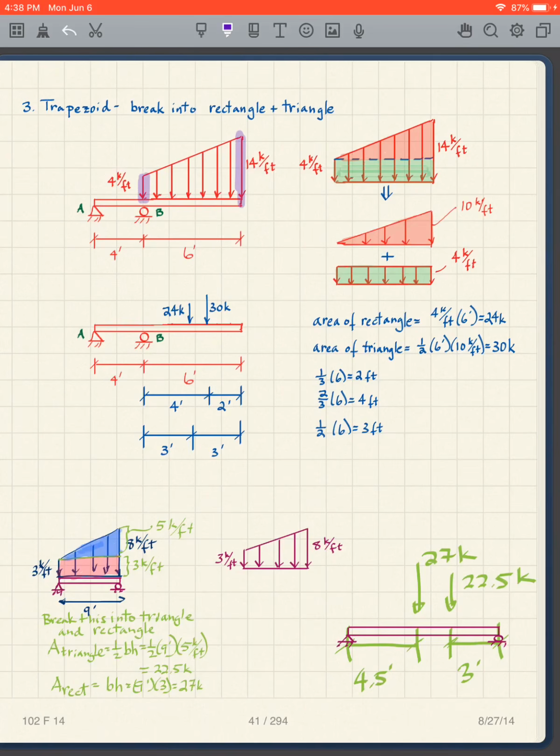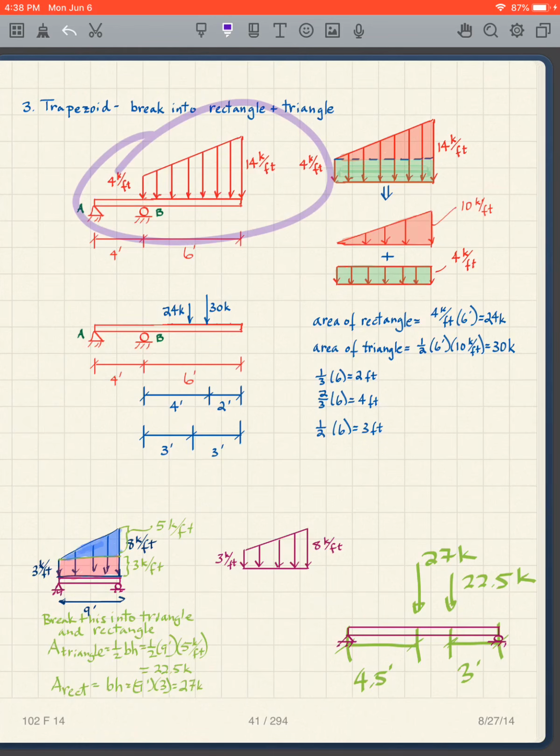Again, if I look at the last foot on the left here, I'm going to have 4 kips. If I look at the last 1 foot over there, I'm going to have 14 kips. So that's the meaning of the units.